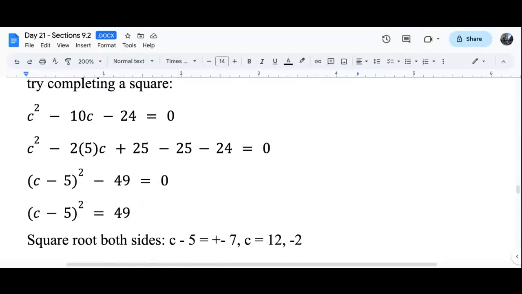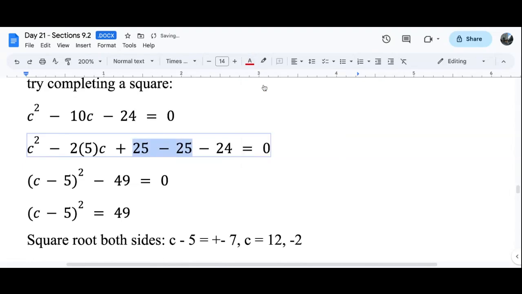Why are they adding and subtracting 25? Oh, you see this is 0, right? 25 minus 25 is 0. Why? Because we're completing squares. Negative 10 divided by 2, that's negative 5. We add negative 5 squared, and we minus 25.